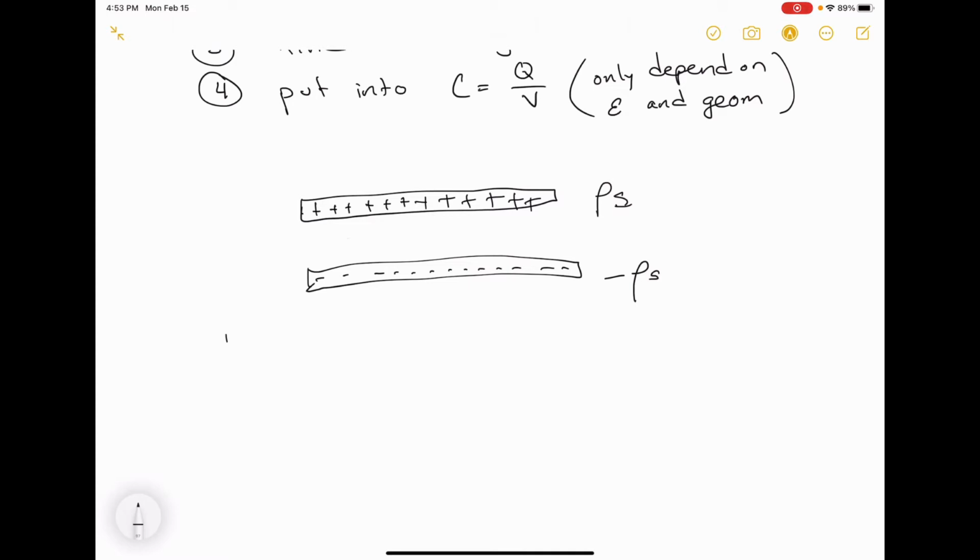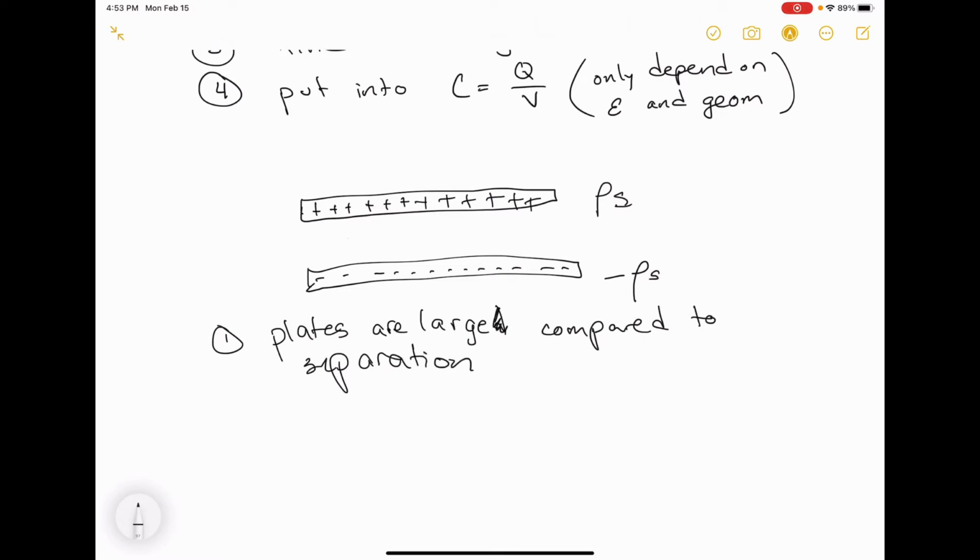What we do is first, assuming that, let's say we know that the plates are large compared to the separation. So if they're separated by some distance d, that distance is small compared to the dimension of the plates.